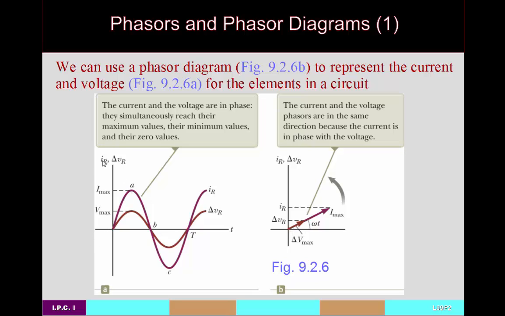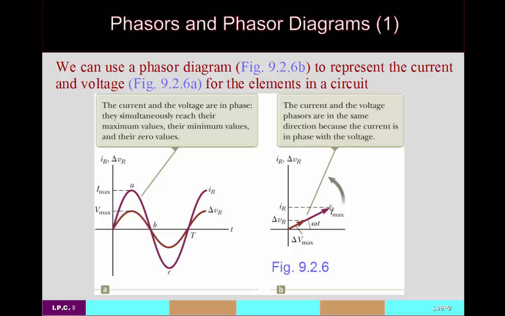Here is the current and the potential drop across that resistor; there is a single resistor and a single AC voltage source. The more purple curve is for the current, the more red curve is for the voltage. They are both sine waves, and they are both in phase.